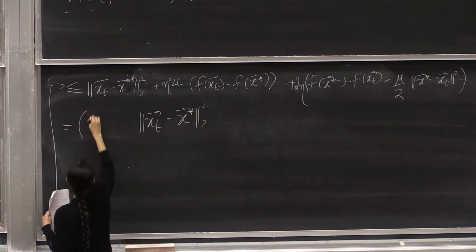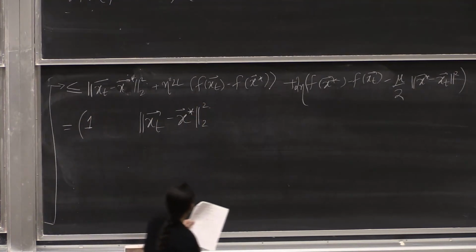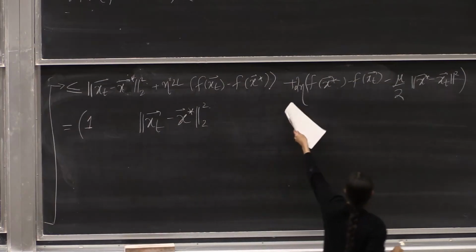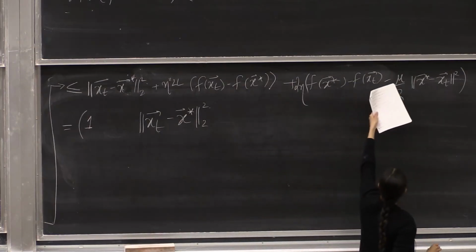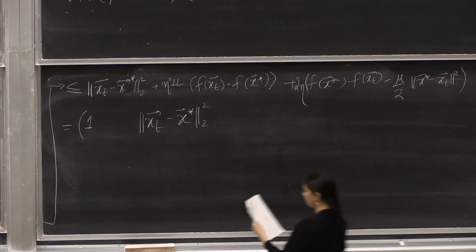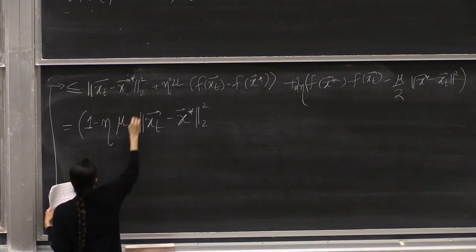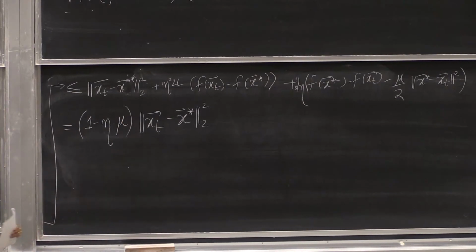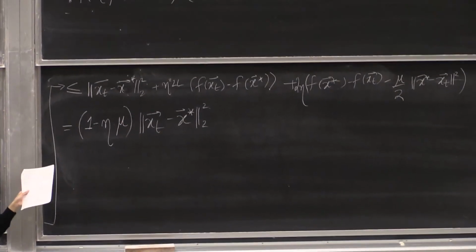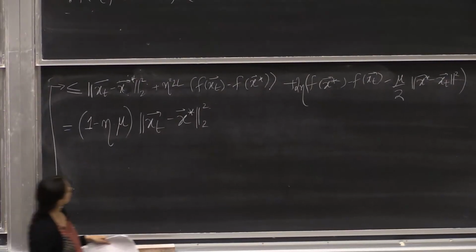Well, I have a 1 from this term, and then here I have a minus 2 eta mu over 2. So I have here basically minus eta mu. This is the coefficient here.